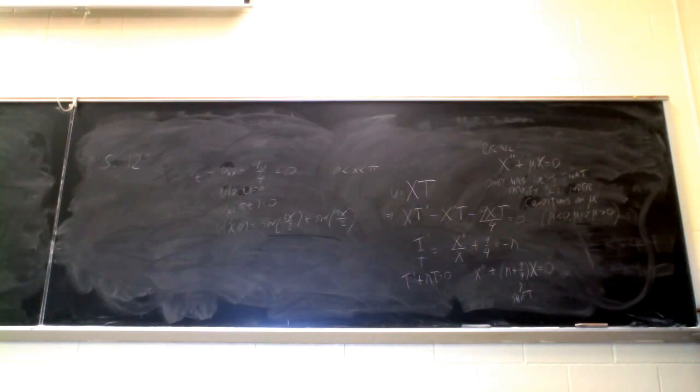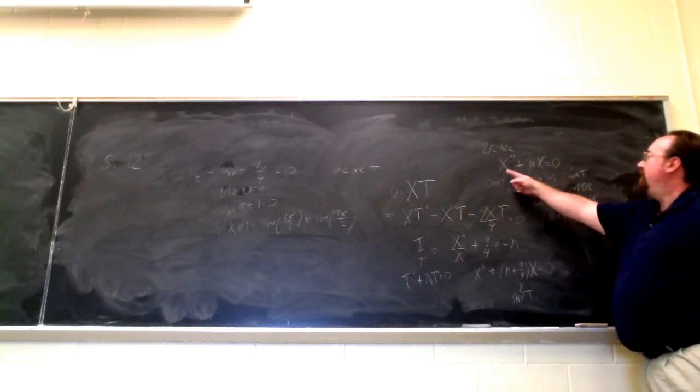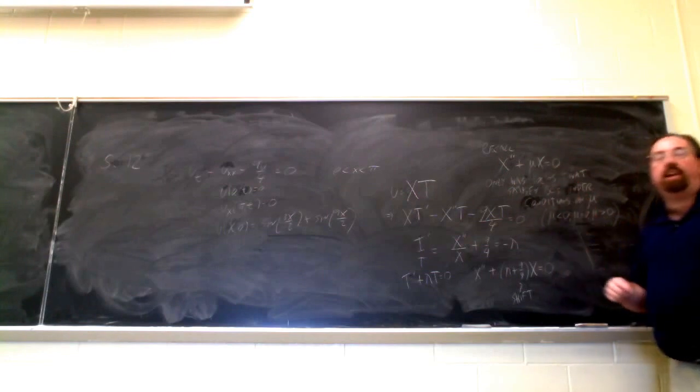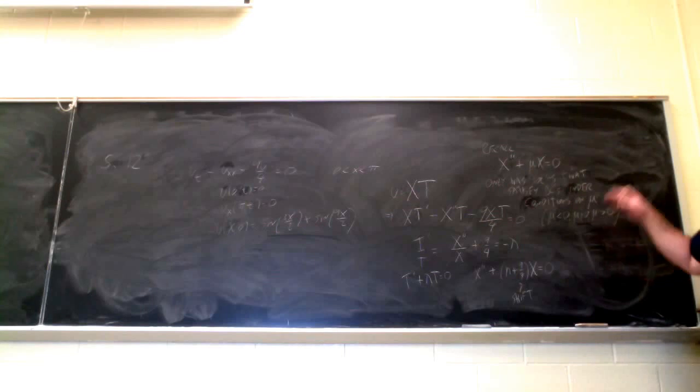It's still allowed to be 0. It'd be a good idea to check this, because we've seen in the notes or the textbook general solutions for all three cases: a sinh-type function for the negative case, a linear function for the 0 case, and a sine or cosine for the positive case.